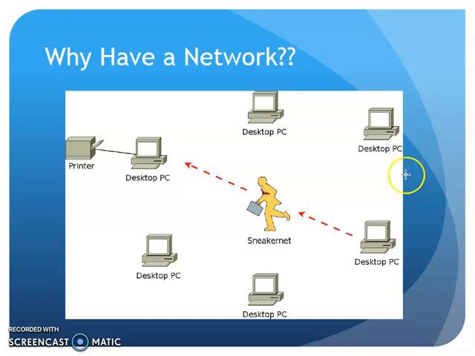At this time frame, that was affectionately called sneakernet, because you would literally put the file onto a disk, walk it to another computer, plug it into that computer, and pull up that data. That's how data was moved around.